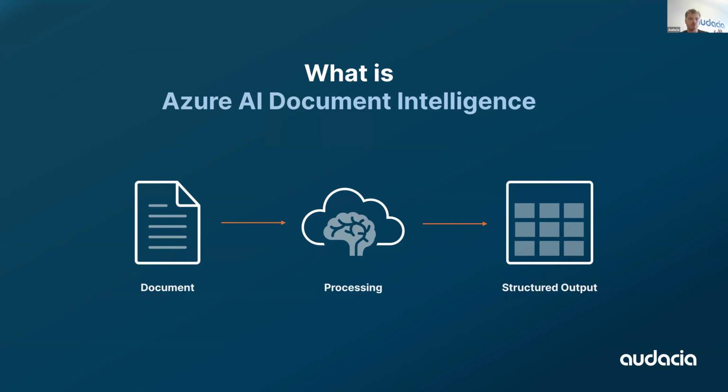So we've got some unstructured data. And ultimately what we want to be able to do is have a reliable way of turning that unstructured data into structured data, which we can then use within a workflow and try and automate some of the business processes.